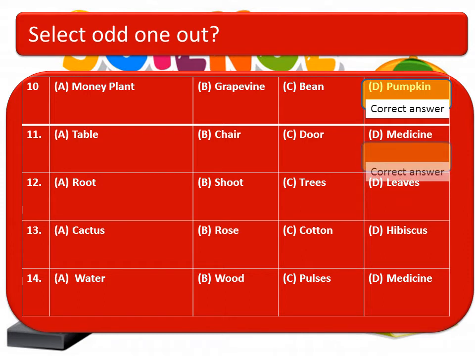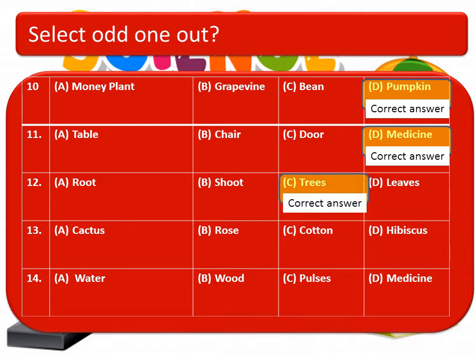In these, medicine is the odd one because table, chair and door we obtain from wood. The next one is root, shoot, trees and leaves. In this, trees are the odd one because root, shoot and leaves are the parts of a plant.